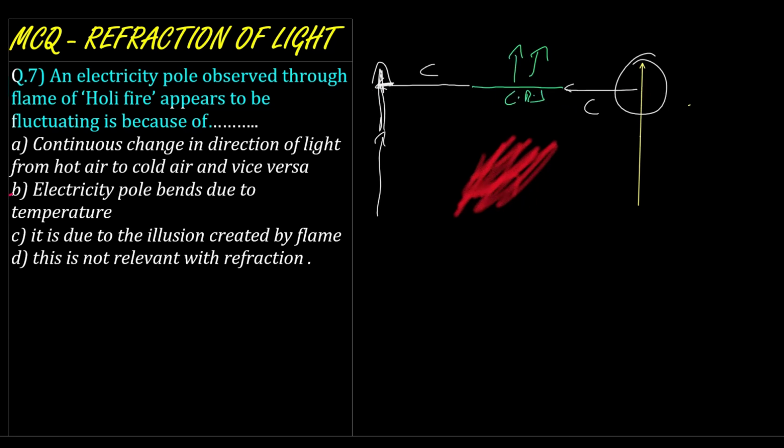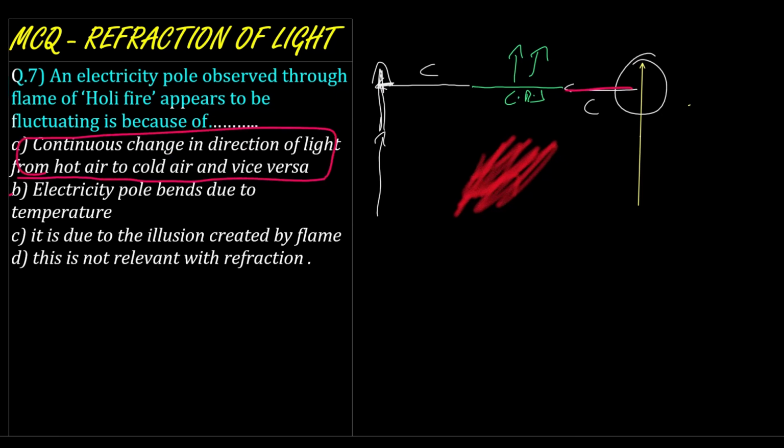Let's see the option. What does it say? And that's called, what do we call this? Apparent fluctuation. Something like that. So the question is read now, and we are looking for the option. Continuous change in the direction of light from hot air to cold air. Yeah, that's true.